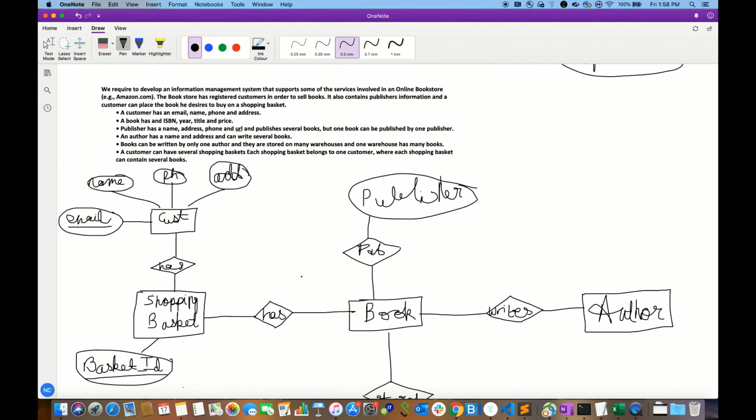Now let's start defining the attributes of book. A book has an ISBN. ISBN can be an identifier for its book, I mean the primary key. Let this be the primary key, and the line of ISBN, year, YR, title, and price.